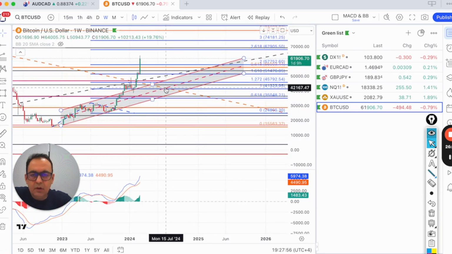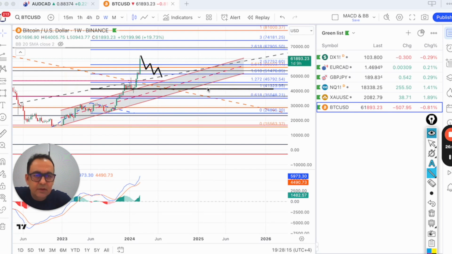Now based on rising channel and the historical consolidation point, if it comes lower, if we get an opportunity, it is expected to take support around this area, that's 41,000 to 45,000. So if you get an opportunity, then please again take this opportunity to buy. Do not short Bitcoin, and the next upcoming target is 81,000.